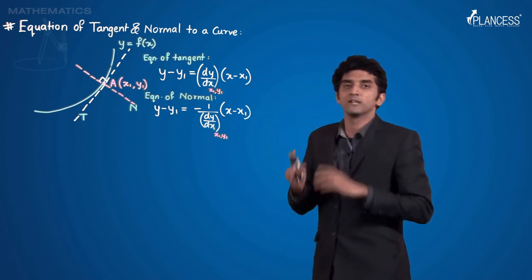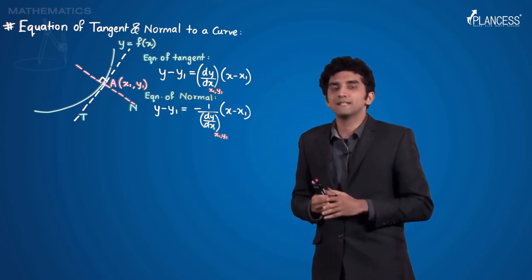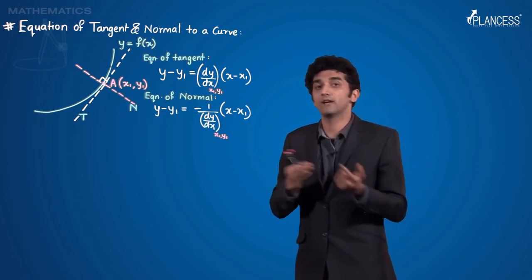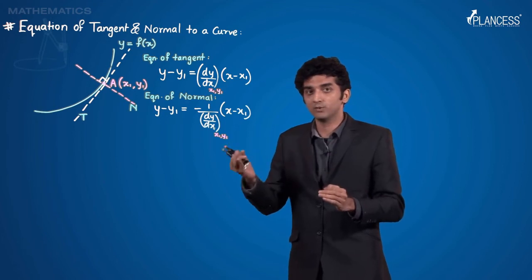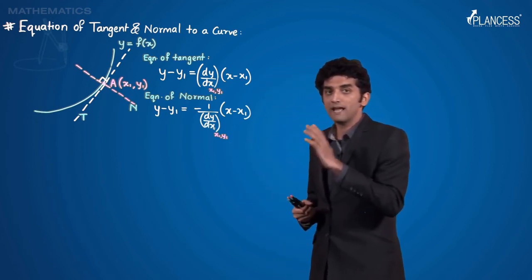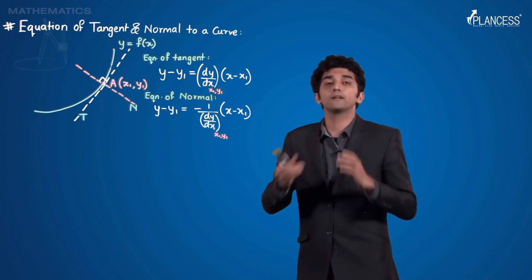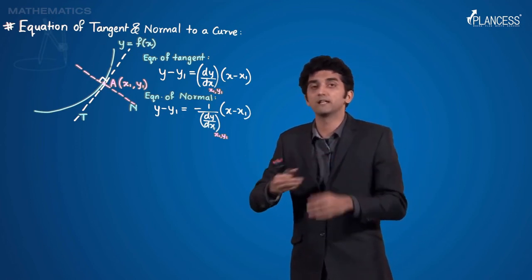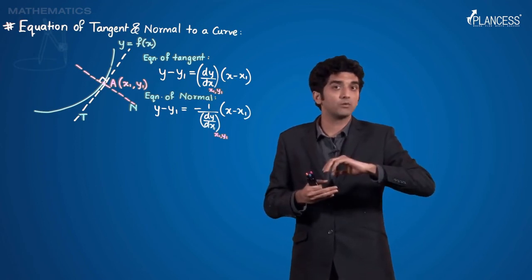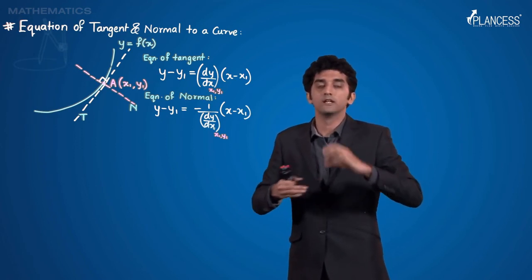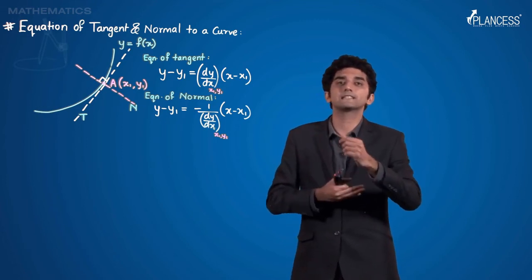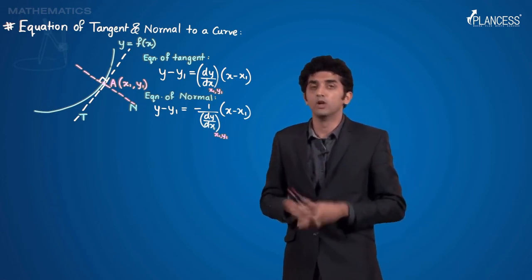On the other hand, if the question says that the tangent is parallel to the y-axis, then I will write dy by dx is equal to infinity, right? Because if a particular line is parallel to the y-axis, then its slope is undefined, basically infinity. And when dy by dx is infinity, I can write dx by dy is 0. Just playing around with the inverse, if dy by dx is infinity, then dx upon dy can be equated to 0.